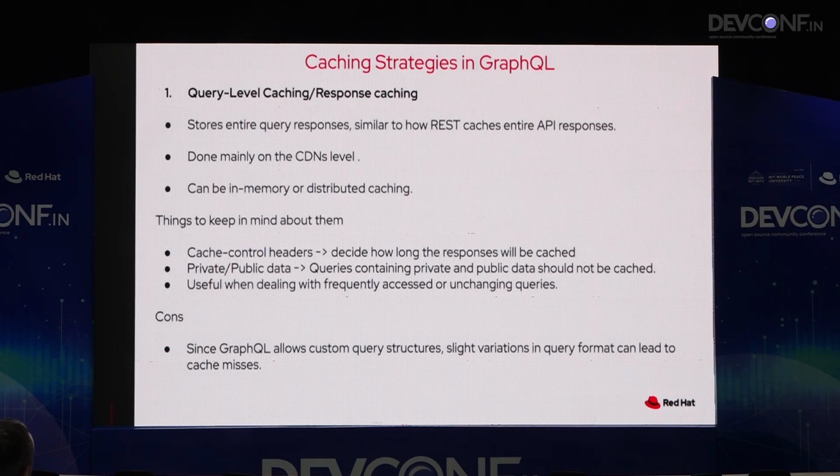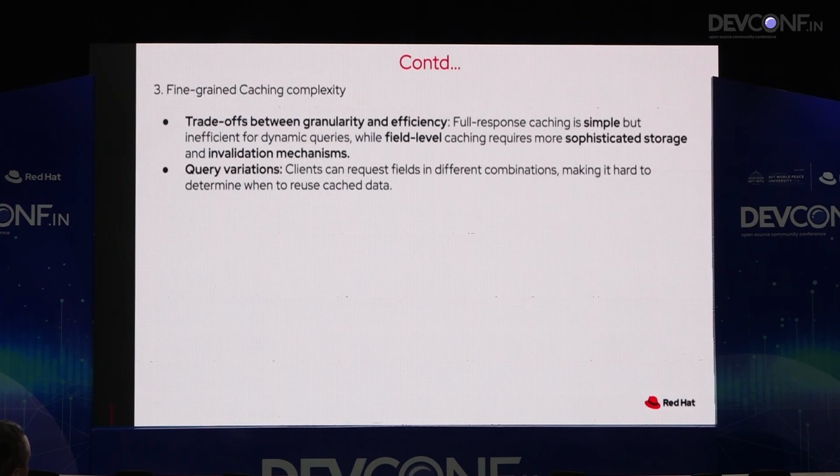This type of caching mainly works in those areas where the queries are predetermined and they don't change a lot. Let's say, for example, you have some docs website. So let's say you have a lot of predetermined queries belonging to a particular endpoint. These queries don't change, so you can for sure cache the responses for these kinds of queries.